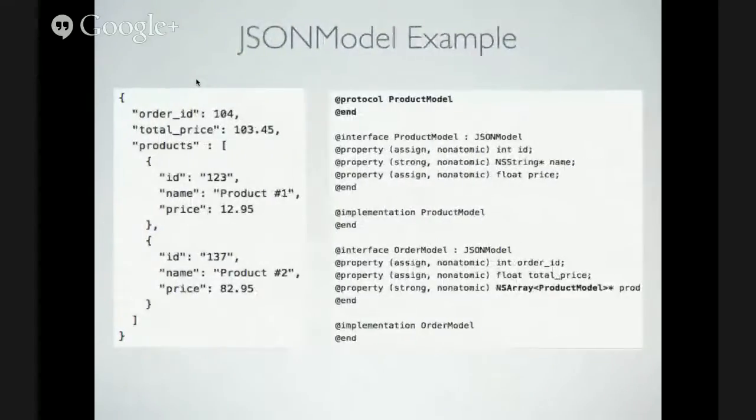The next slide has a more complicated example. This is a response which contains an NSArray of products we talked about in the last slide. On the right image, we see the product model object, and it can contain an array of product models. And JSONModel will also take care of it automatically.